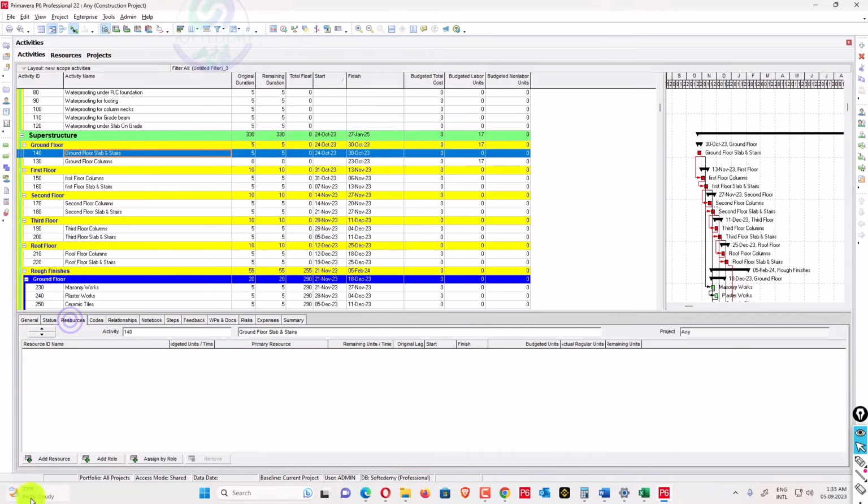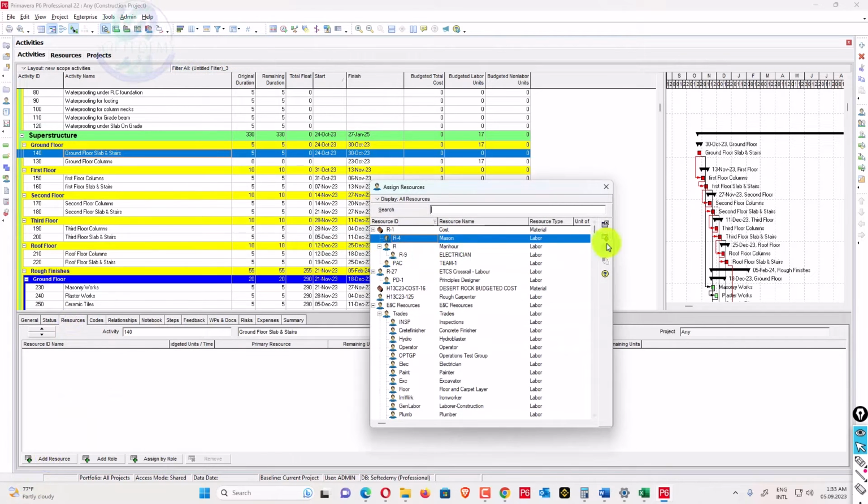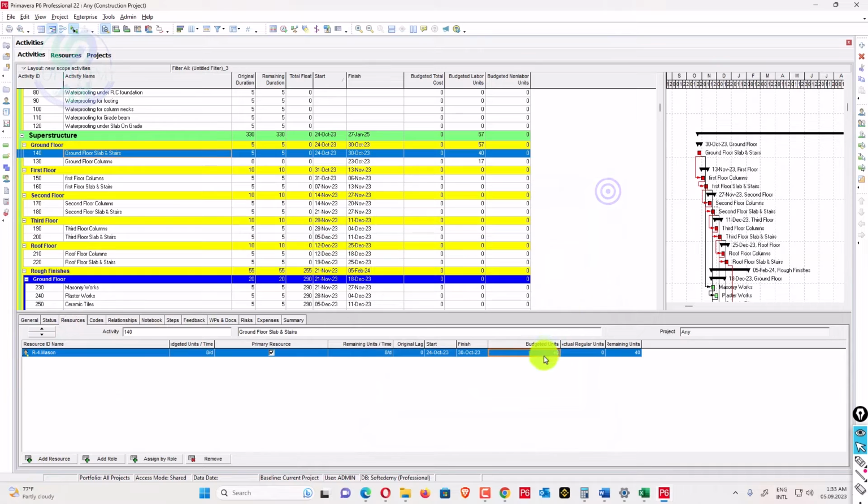We can go here, assign, and add a resource from here, a mason, as a resource to the project. We can write here that we have 80 budget units and 5 days to do it. So per day, when we divide 80 by 5, it will take 16 hours per day, so we require 2 masons per day. So budget units are what you calculate by quantity divided by your productivity rates.